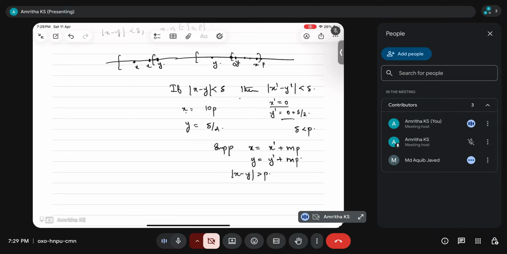So maybe you can take 2p, right? If I take 2p, then I know that on 0 to p also it is uniformly continuous. Then I can find some other y dash such that I can find x dash here and y dash here.